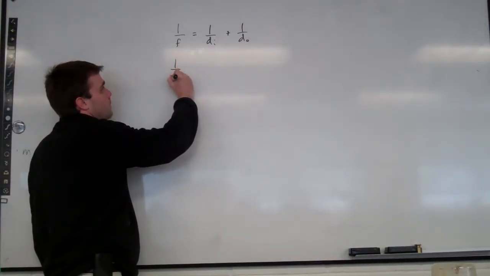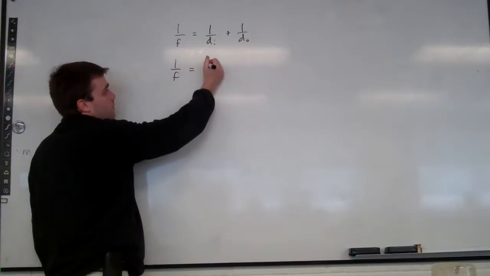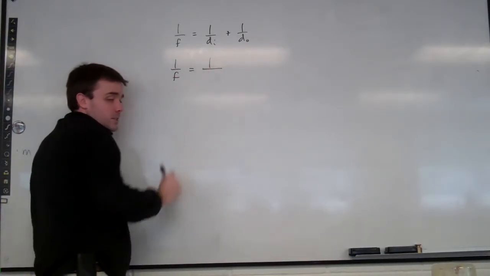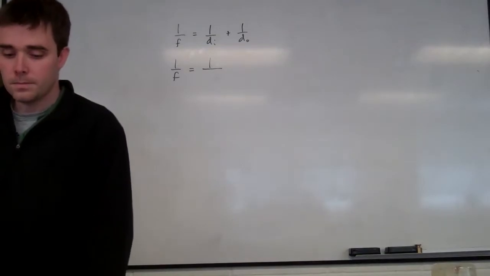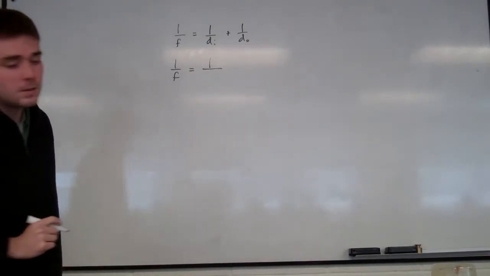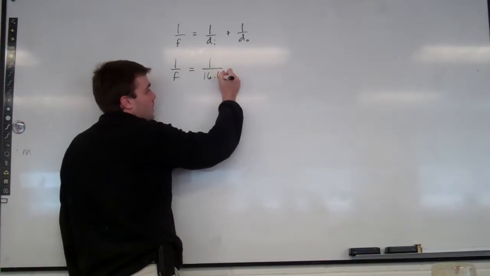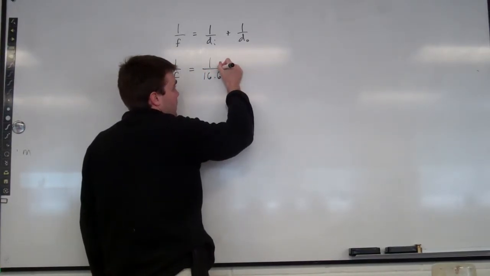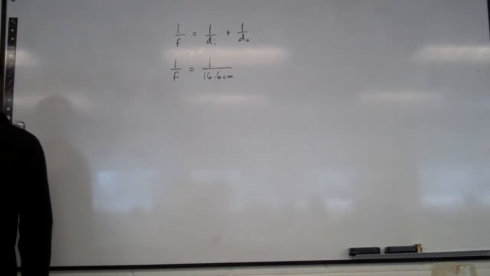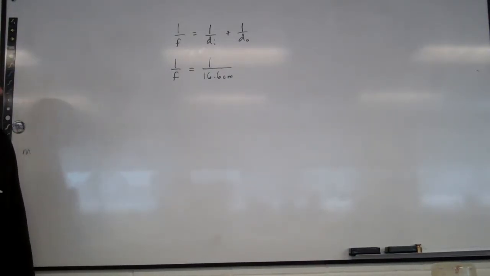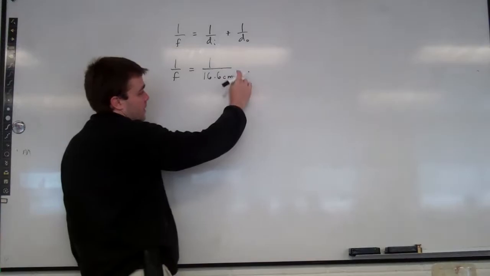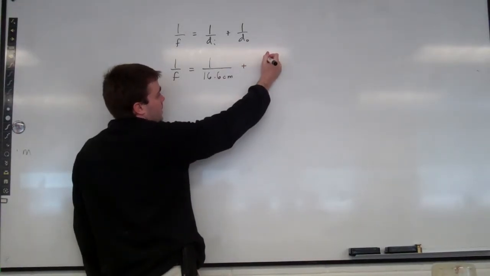So we have 1 over f, and we're looking for f. What is our image distance? 16.6. Should that be positive or negative? Positive, because it's a real image, and real images are positive in these equations. Everything's in centimeters, so I'm just going to keep it in centimeters.